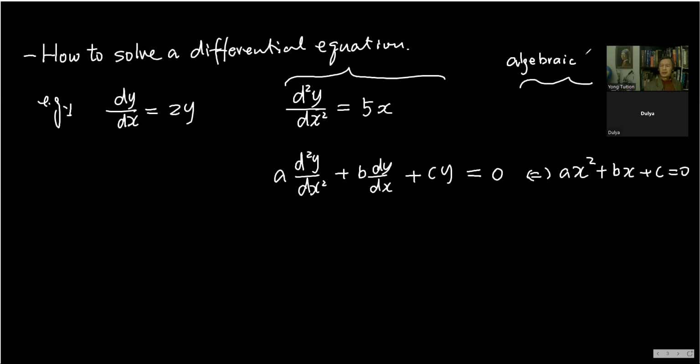To solve the algebraic equation, you don't have to use calculus, but to solve the differential equation, you have to use calculus. Here we are looking for what is x, do you remember? Now, when we solve the differential equation, we are looking for an unknown function, not a constant.